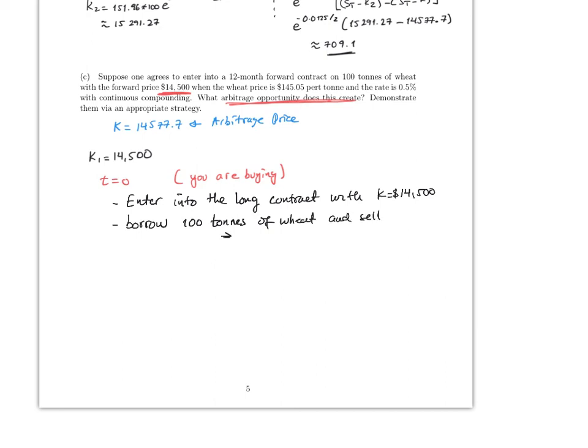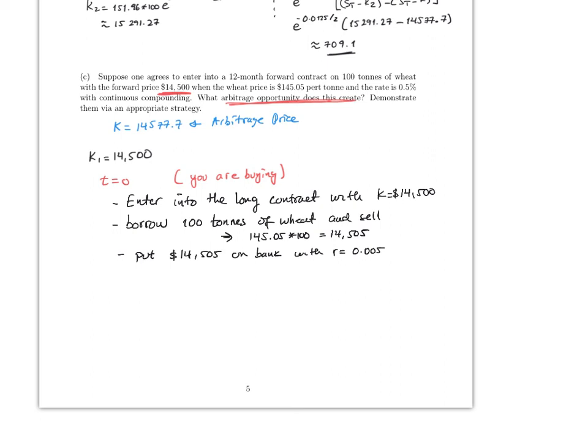So if you sell it, then you automatically get 145.05 times 100. So you automatically get 14,505. So then you're going to put that money in the bank. And since the interest rate is 0.005, you will get some money after 1 year, right?